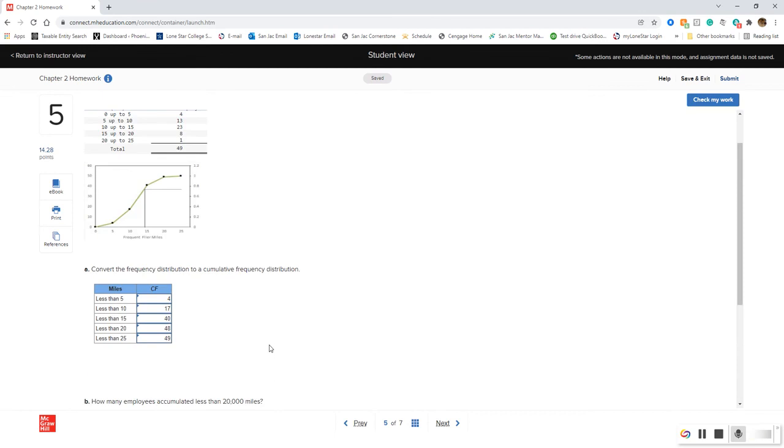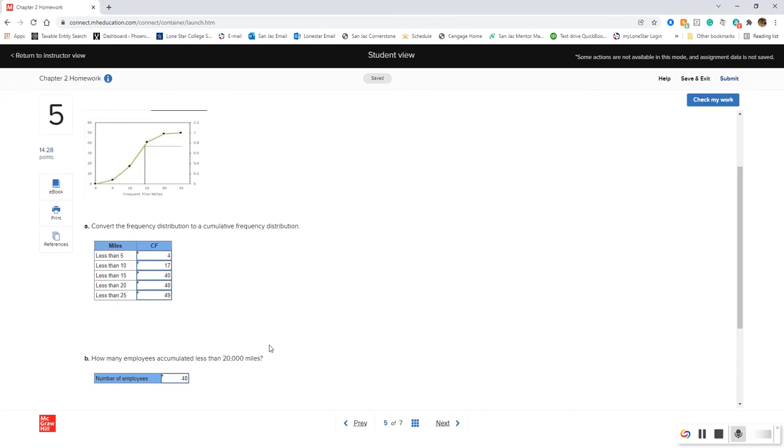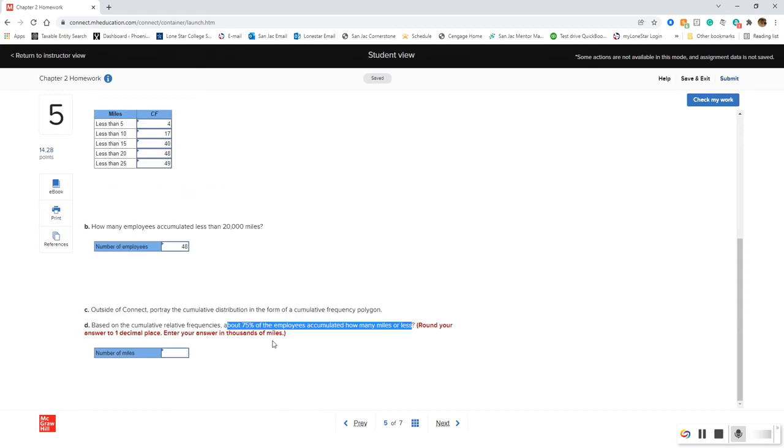So based on this, 75%. Okay, how many miles are less? Yeah. So we're looking at workers. Based on cumulative relative frequencies, about 75% of the employees accumulated how many miles or less?